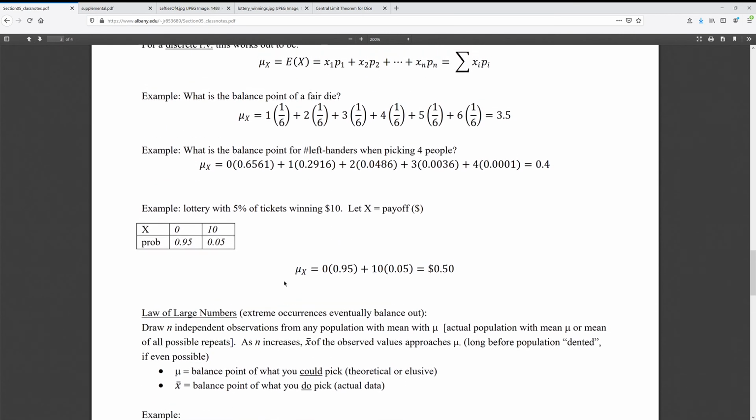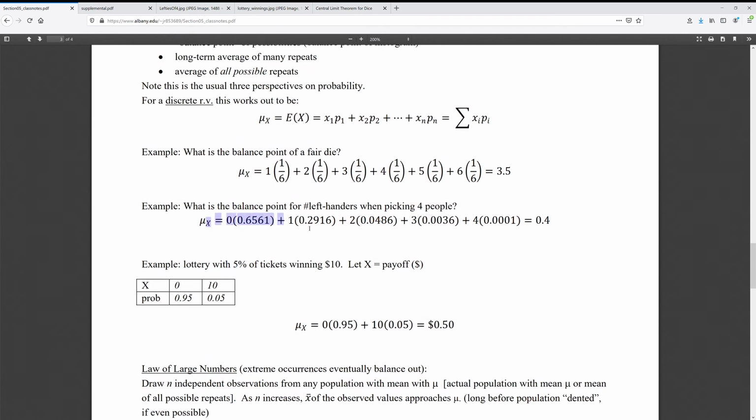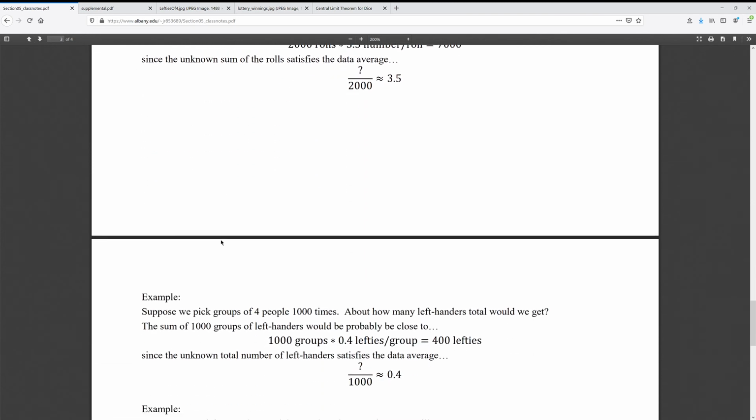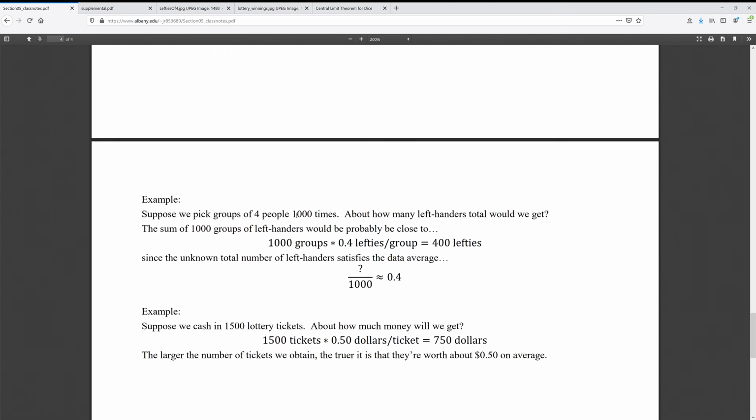Now again, this one's a little bit contrived because it involves repeating repeats. But the balance point for the number of left-handers when we pick 4 was 0.4. So let's reverse engineer that. What if you pick 4 people 1,000 times? Pick 4, count the lefties, pick 4, count the lefties. Do that 1,000 times. How many total left-handed people would we get? Well, 1,000 groups times 0.4 lefties per group is 400 lefties, right?